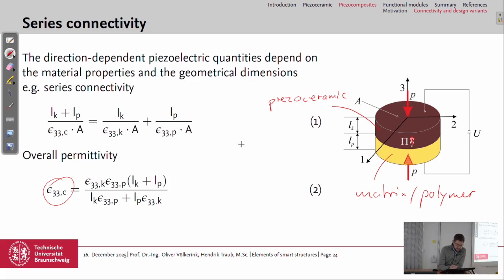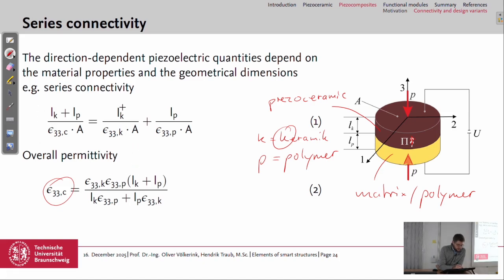So Lk stands for the length or the height of the piezoceramic material, because in German we write ceramic with a K, therefore we have K on this, and Lp is P for polymer. So Lp is for the matrix, or everything with index P is the matrix, and everything with index K is the ceramic. And like with springs, we have a series connectivity.